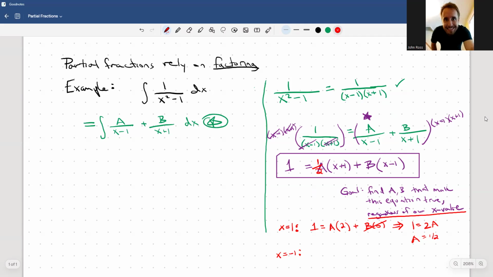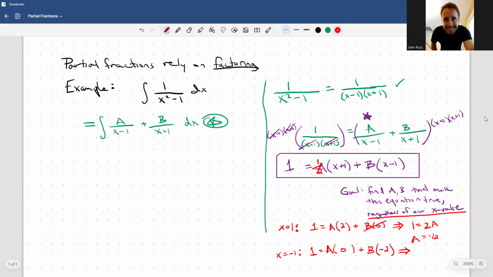Similarly, if it should hold true for every x value, it should hold true at x equals -1. At x equals -1, the equation was 1 equals a times (-1 plus 1), which makes this term 0, plus b times (-1 minus 1), so -2.